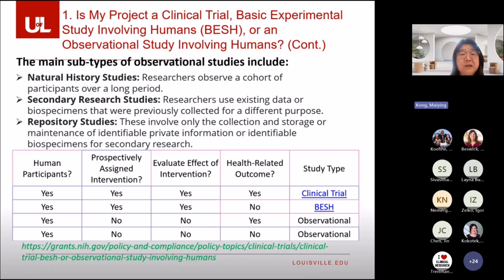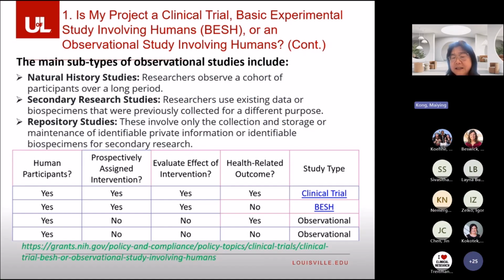These can be considered secondary research studies if we use these data sets to conduct research. Repository studies are also considered observational studies. These involve only the collection and storage or maintenance of identifiable private information or identifiable biospecimens for secondary research.